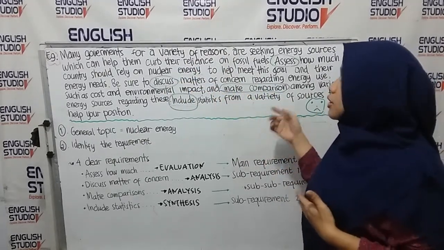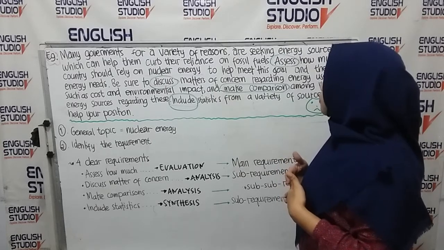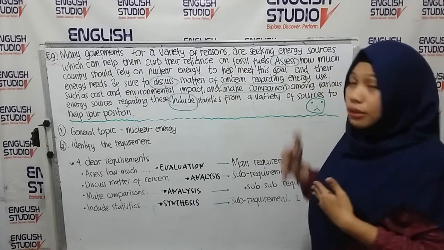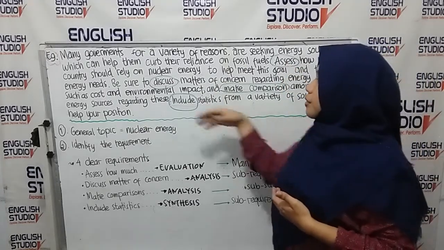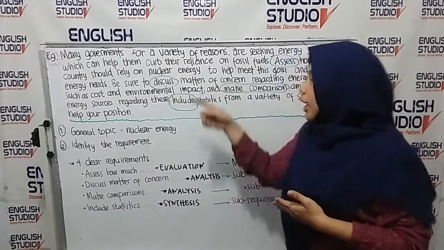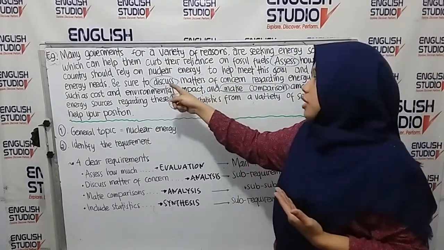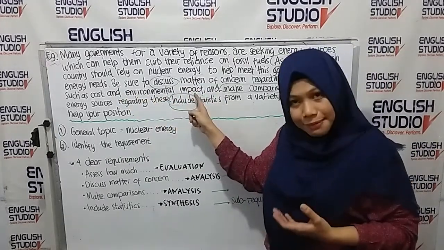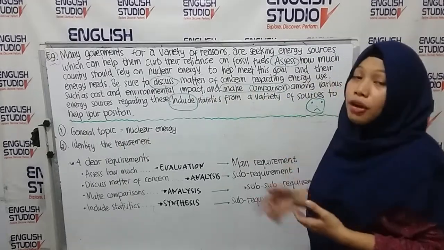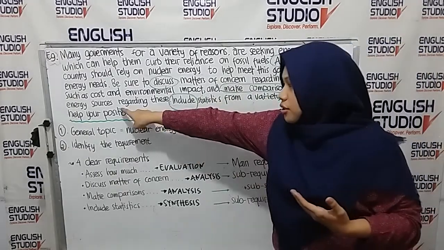Okay, in short, this question is a prompt in which the writer should assess or evaluate the use of nuclear energy, and then discuss the use of nuclear energy regarding its cost and its environmental impact, and then make a comparison between nuclear energy and other energy sources.